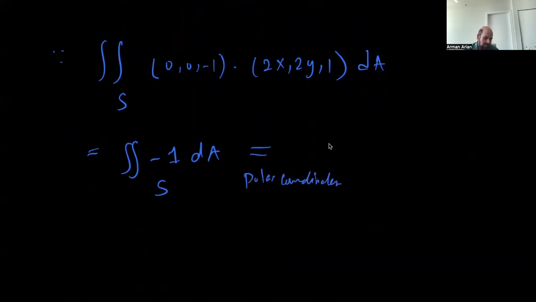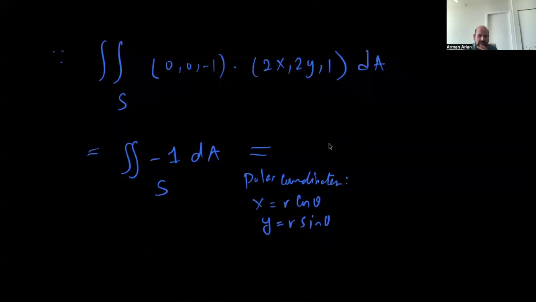We can parameterize as x equals r cos theta, y equals r sine theta, and z will be z. We just need dA.